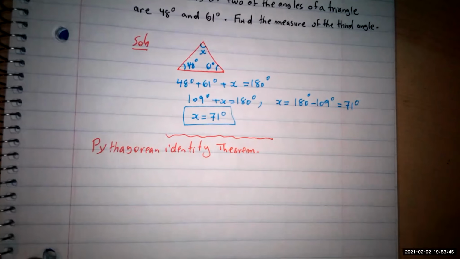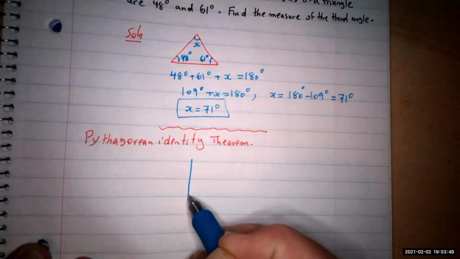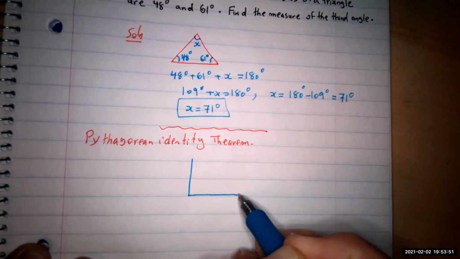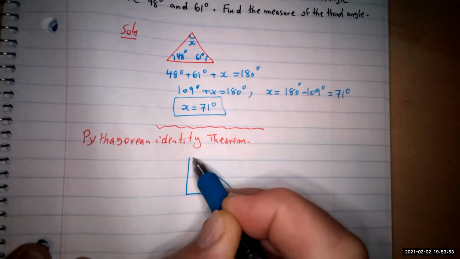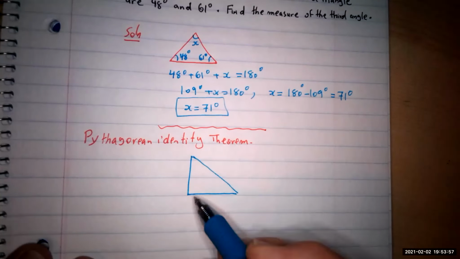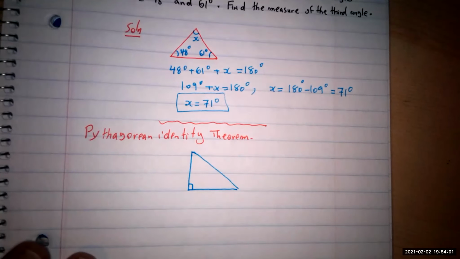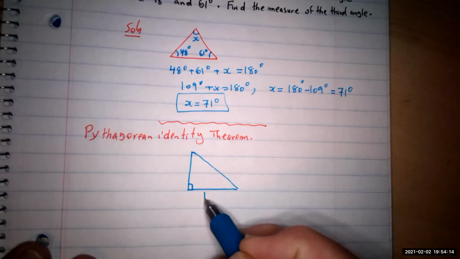You know that if you have a right triangle, this is going to be the right triangle. You have a right angle. The sides adjacent to the right angle, the terminal side and the initial side of this angle, we refer to them as legs.